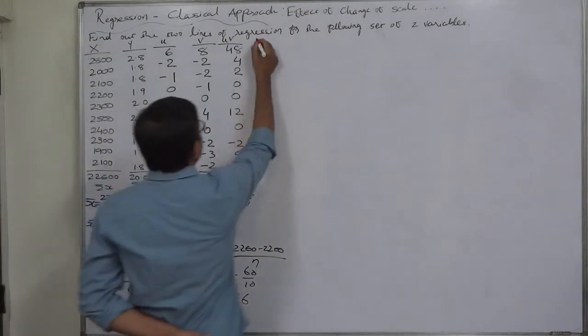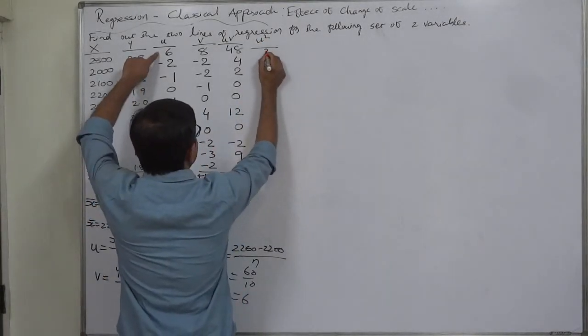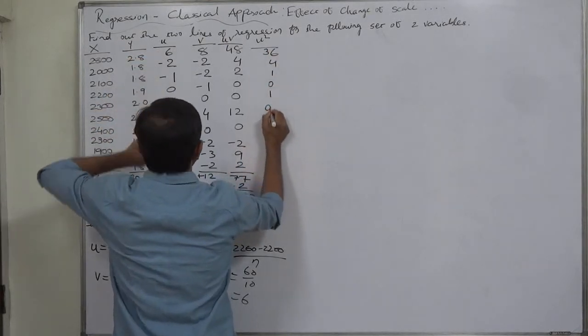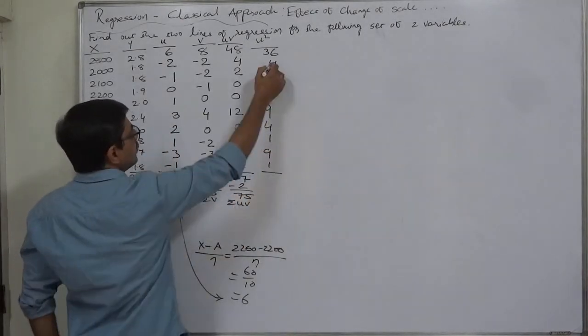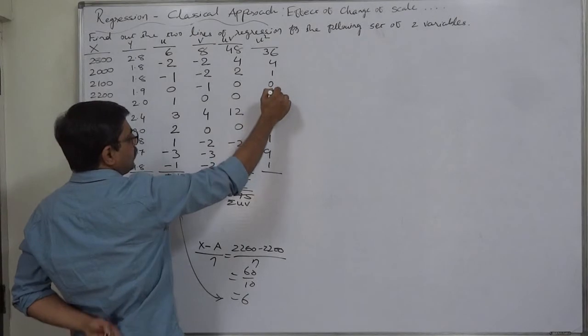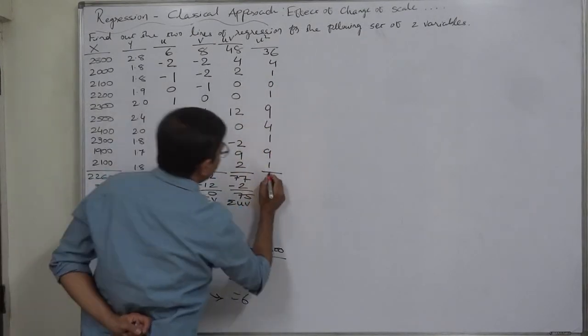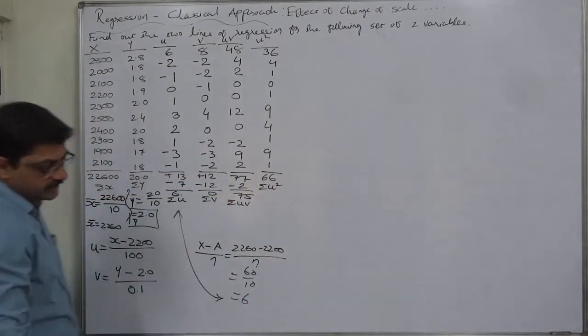Now U square, square of all U values. 6 square 36, 2 square 4, 1 square 1, 0, 1, 9, 4, 1, 9 and 1. 40, 41, 42, 51, 55, 56, 57 and 9, 66, sigma U square, 66.